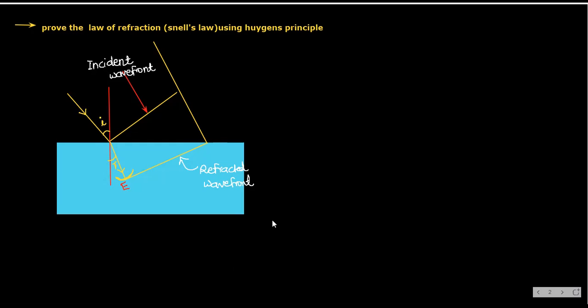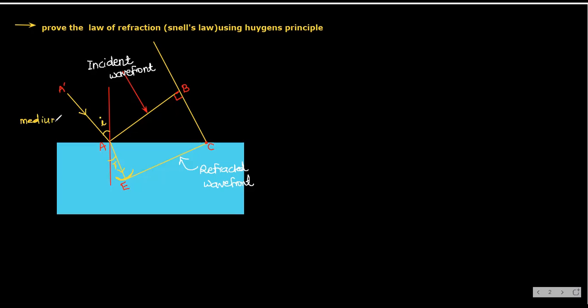Now this point is, let us suppose, point C here at this interface. This point is, let us suppose, point A. This is B, and this angle is 90 degrees. This is A dash incident, and this is your medium 1.